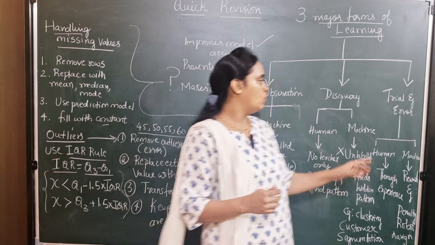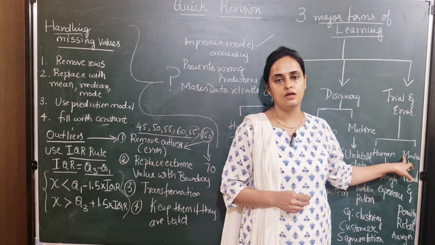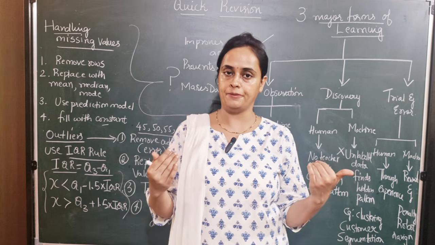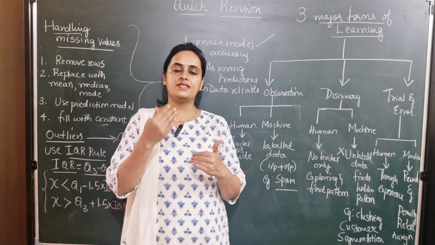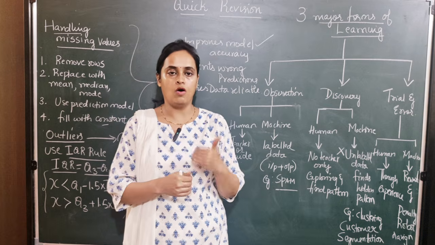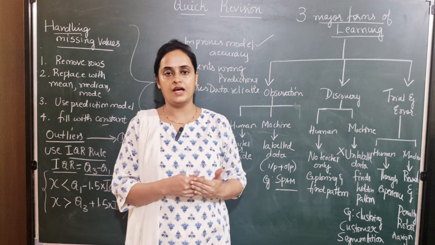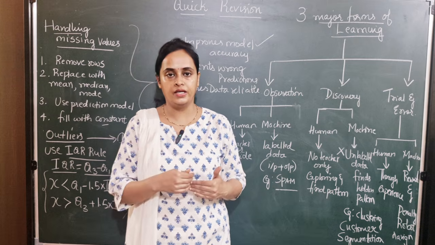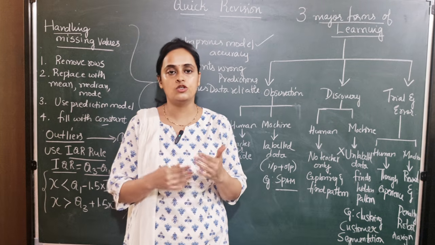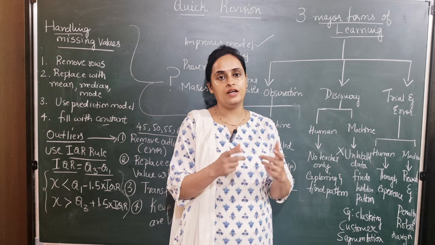In the trial and error method, the machine learns as the agent responds with respect to the environment. While doing some action, if there is a reward for that action, then automatically the system will be updated. If for the action there is a penalty from the environment, then automatically the agent is going to update or rectify its error.